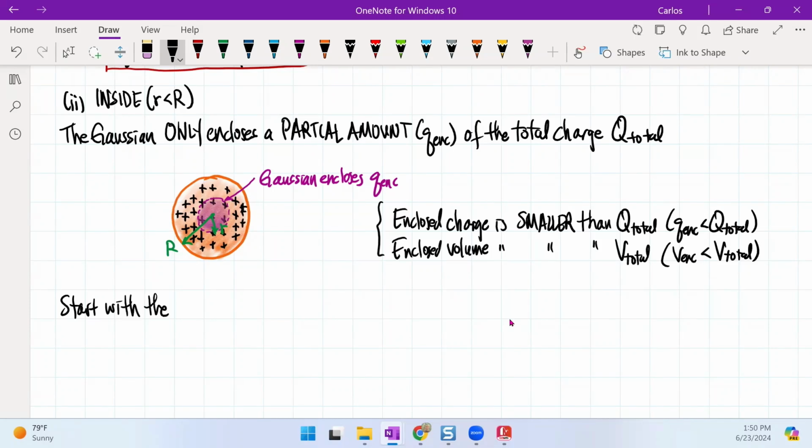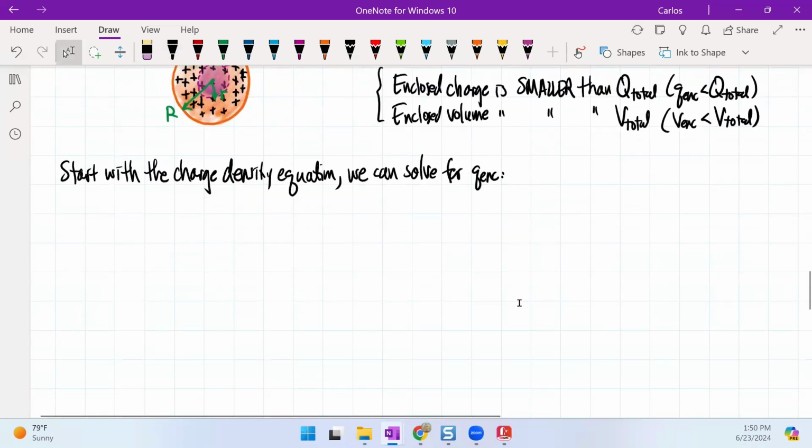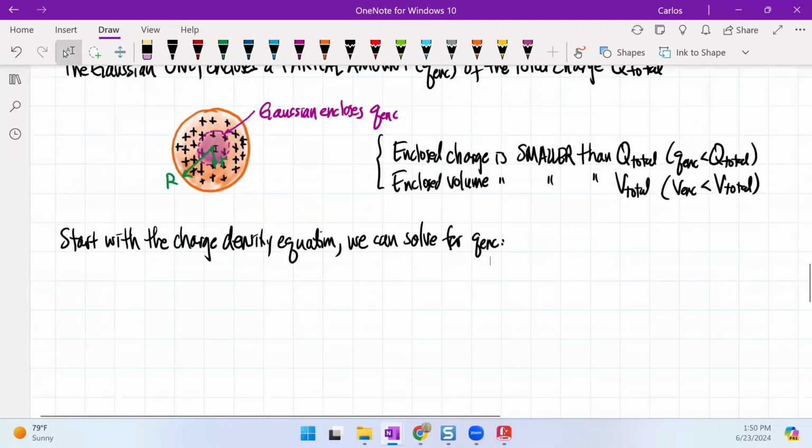we can solve for Q enclosed. So here we go. I keep looking at this picture.